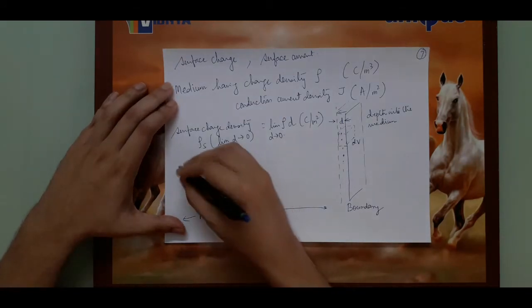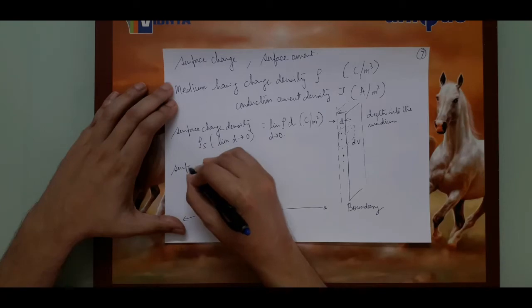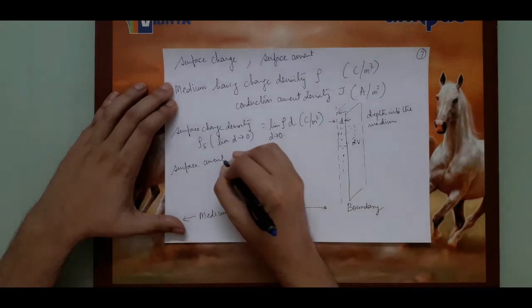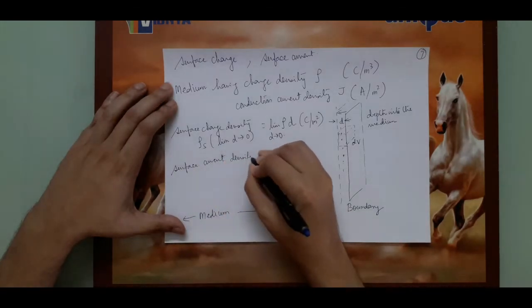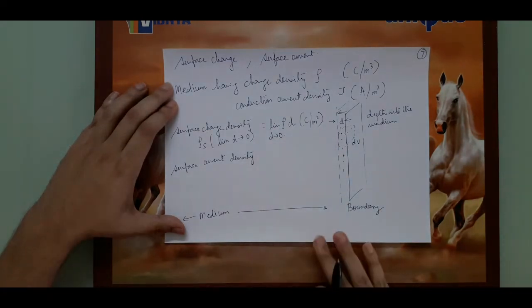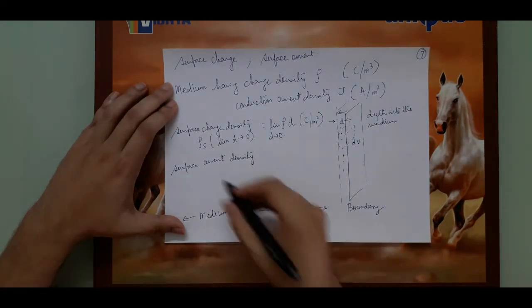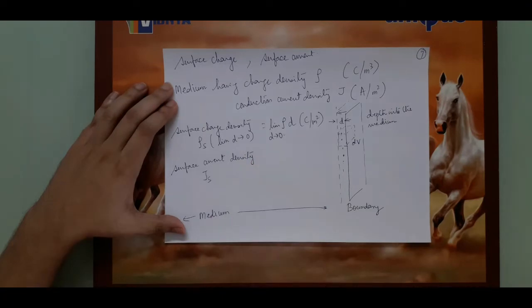So likewise I can define surface current density, which I will define as Js.